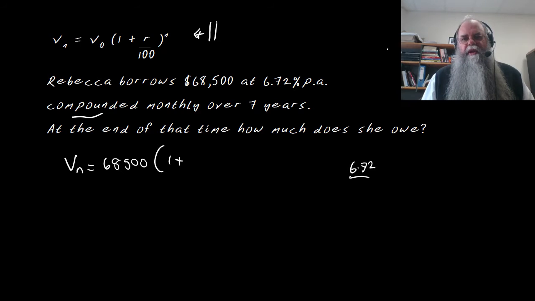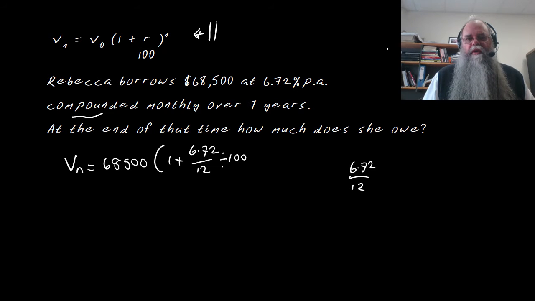If it's compounded monthly, then there are 12 interest periods in 1 year. So it'll be 6.72 divided by 12, and then all of that will be divided by 100. Up here, the 100. And then that will be raised to the number of times interest is paid.